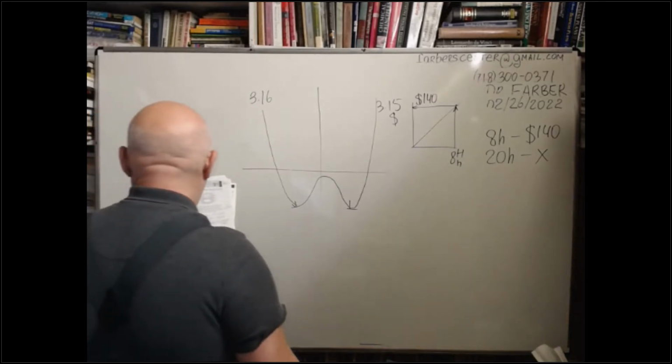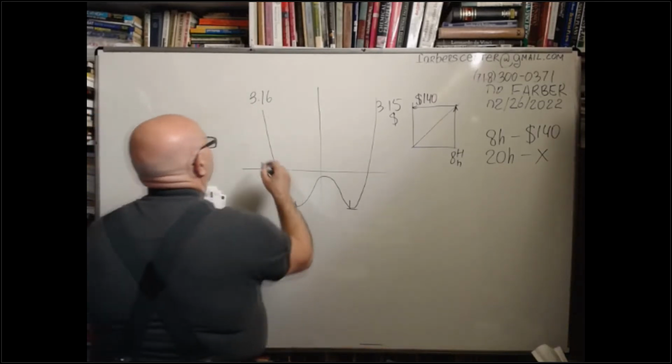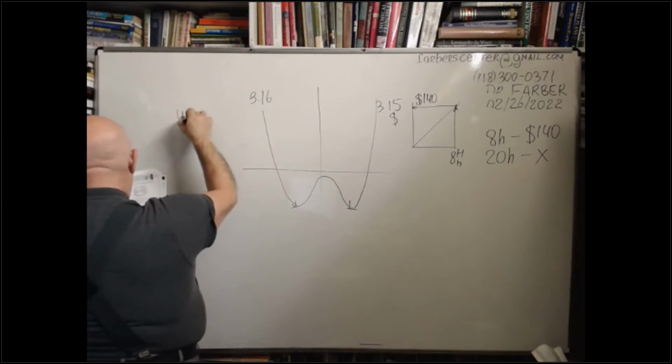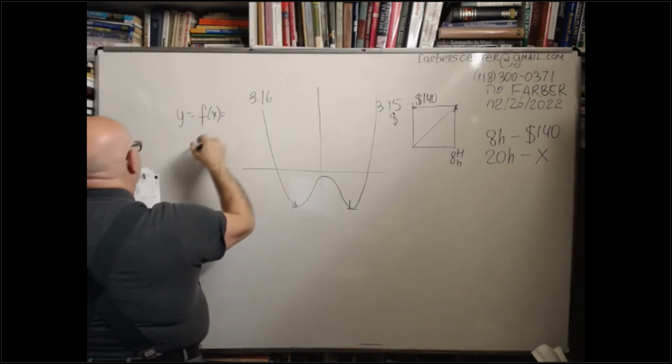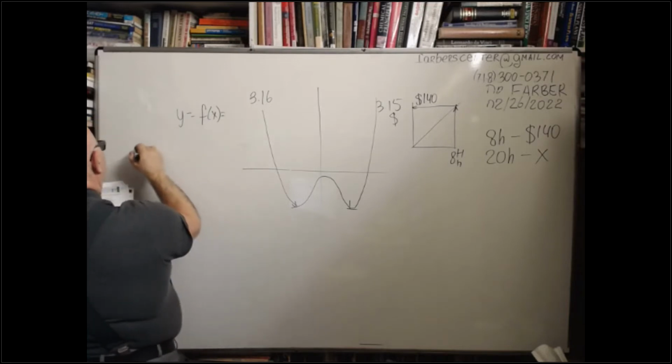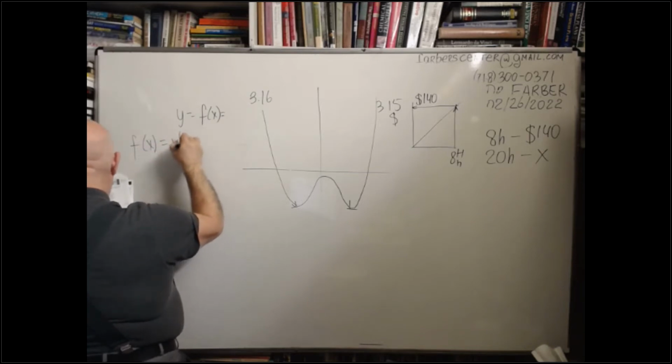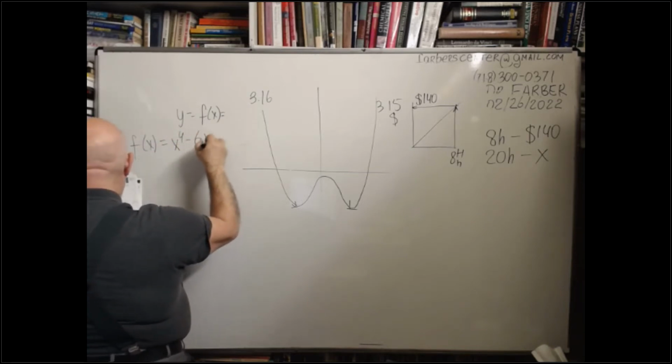And the function, this function y equals f of x equals x to the fourth minus 4x squared minus 4.